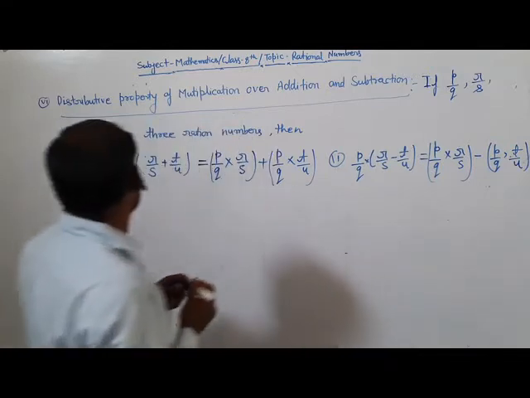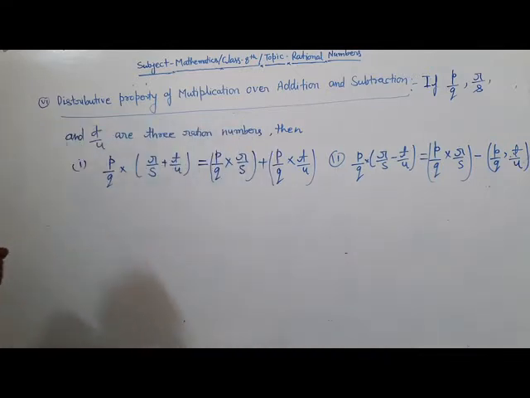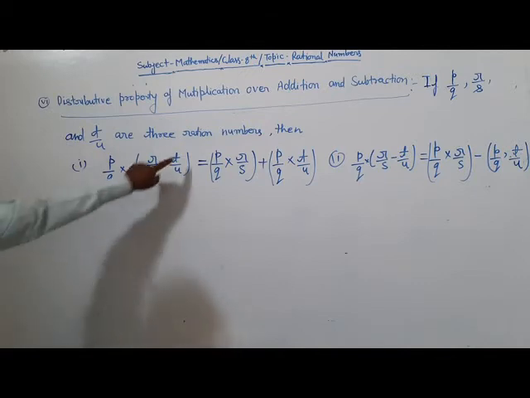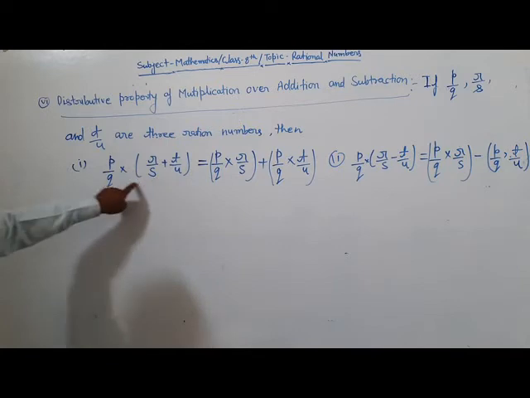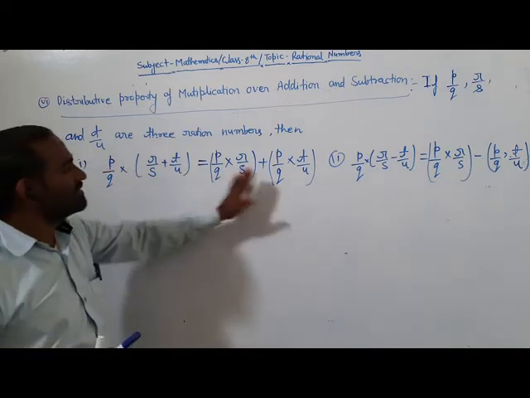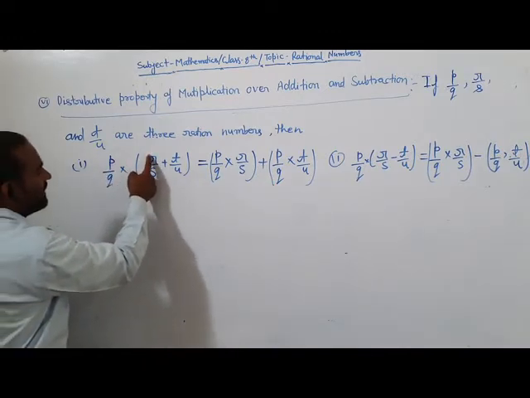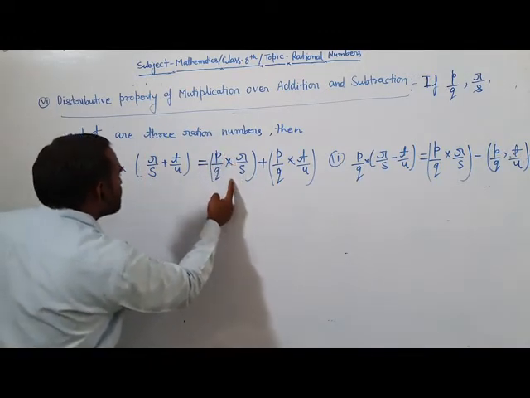This is the distributive property of multiplication over addition. Here you have to multiply by the distribution method. First of all, p by q is multiplied with r by s.